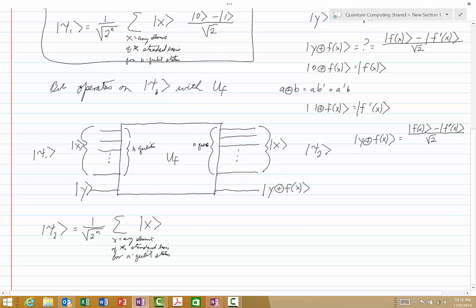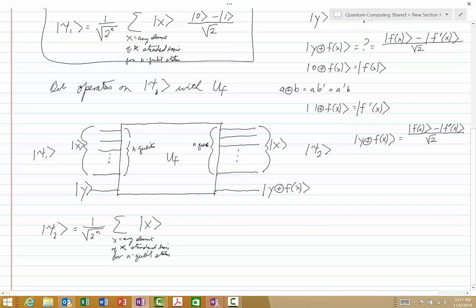Now let's think about that for a moment. f of x is a Boolean function, and so it can only have a value of 0 or 1. So either this is equal to 0 minus 1 over the square root of 2, or it's equal to 1 minus 0 over the square root of 2.